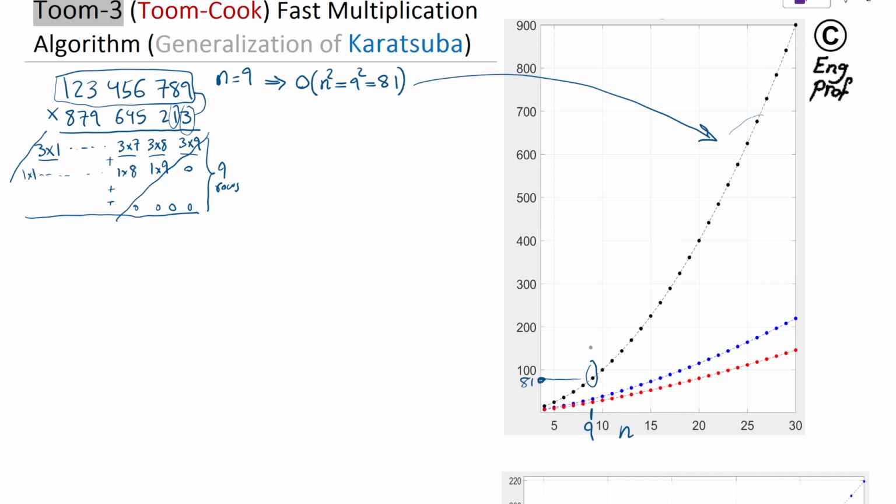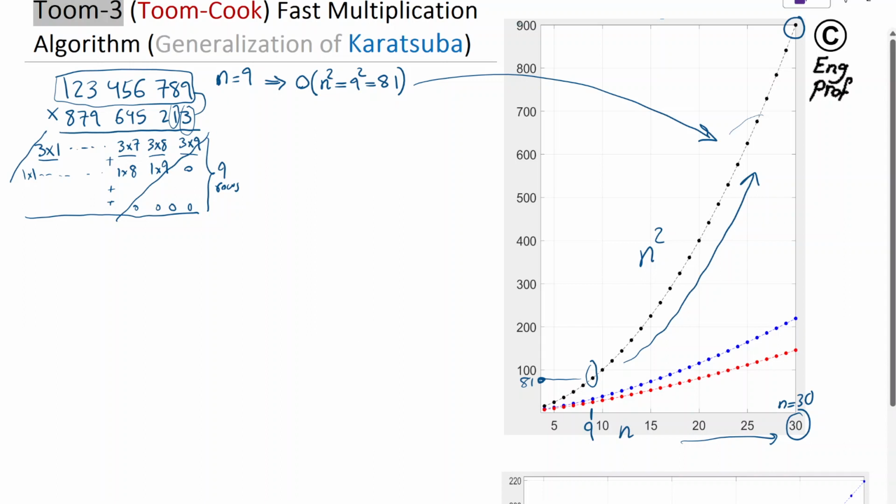So you can see that the complexity of multiplication is growing by n squared, hence the complexity of big O of n squared, and it's growing quickly when you get to, say, a number of digits around 30, n equal to 30. Then as the dot is indicating on top, we are dealing with 30 to the power 2, 900 single digit by single digit multiplications.